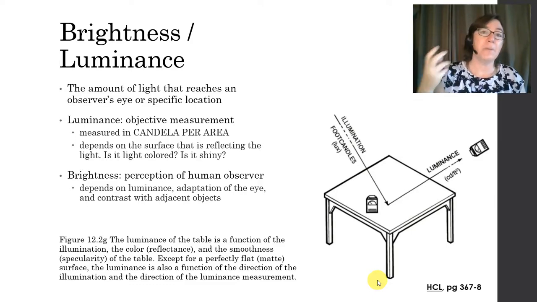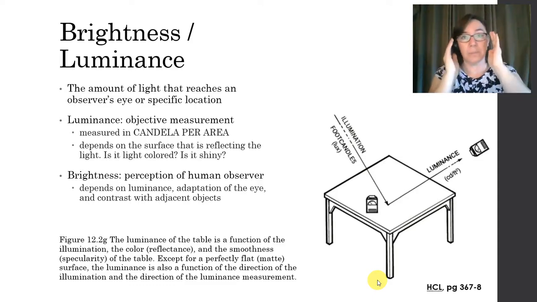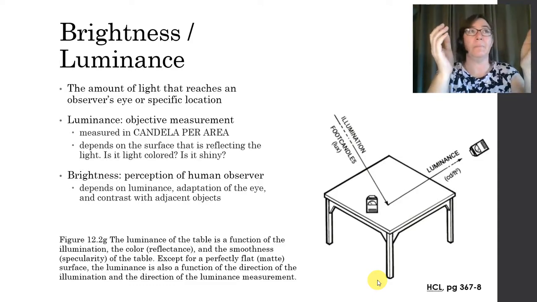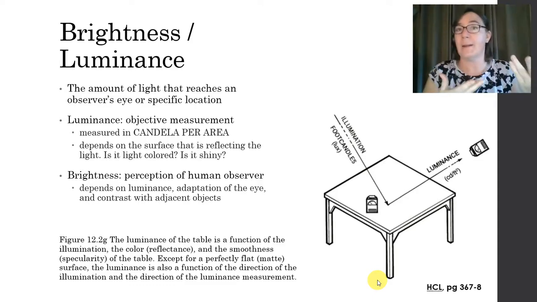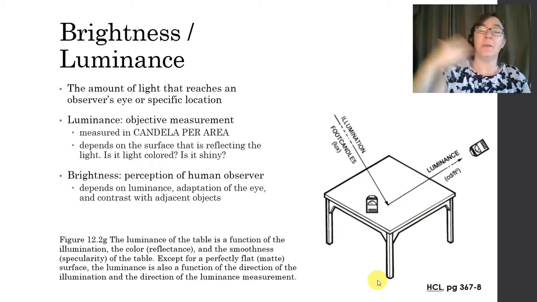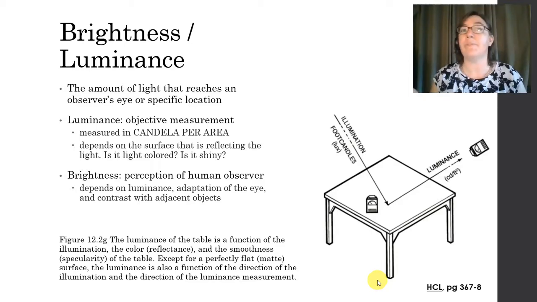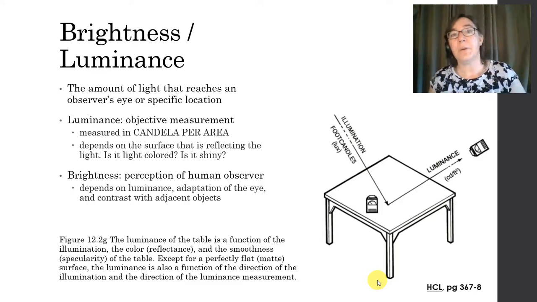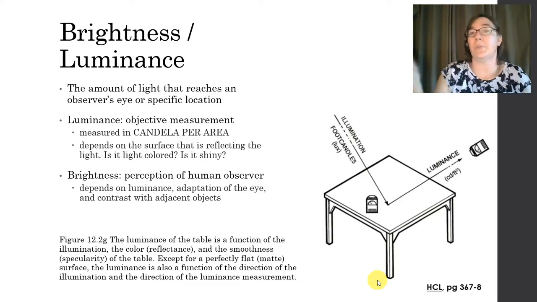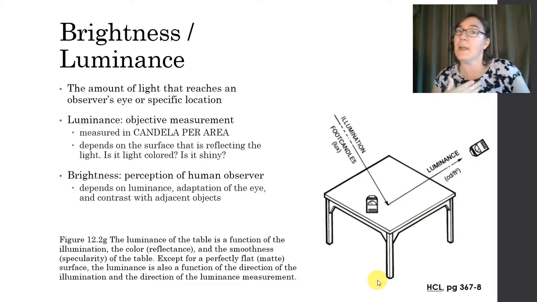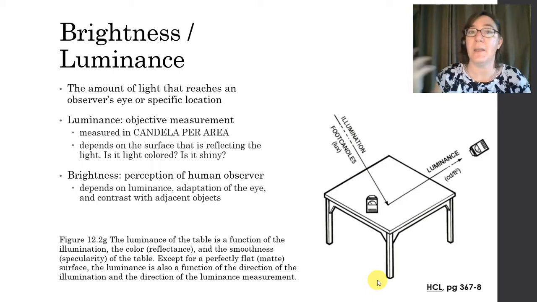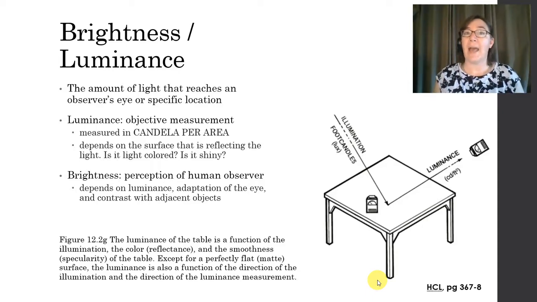Now, most of the time, unless you're looking directly at the sun or directly at a fixture, you're actually getting reflected light. So it's very important to know, is the surface which is reflecting this light light colored or dark? Is it shiny or matte? These things really make a difference, and luminance is how we tie them in to our design.